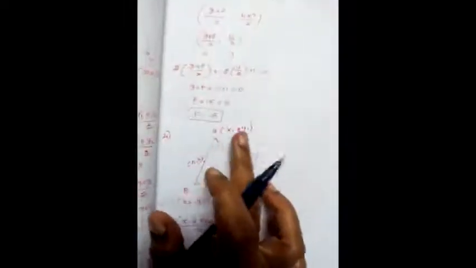This is x1, y1 and x2, y2, or we can take any ascending or descending order. Okay, so x1 plus x3 by 2, y1 plus y3 by 2 is equal to minus 2 comma 3.